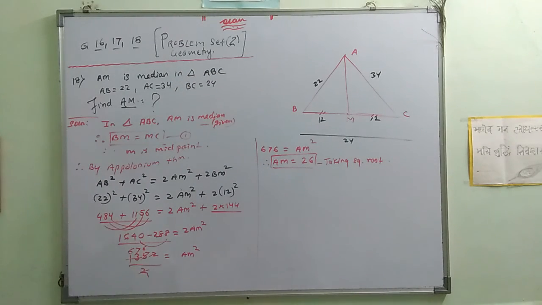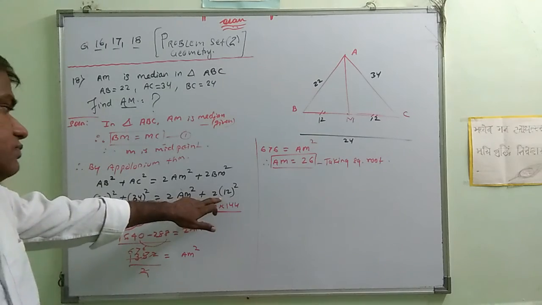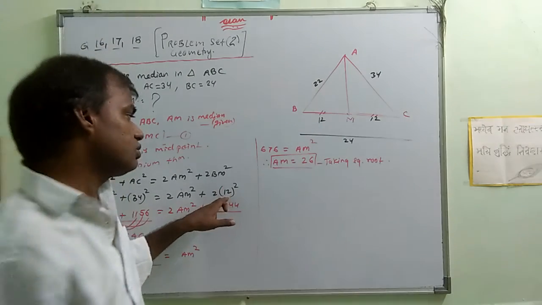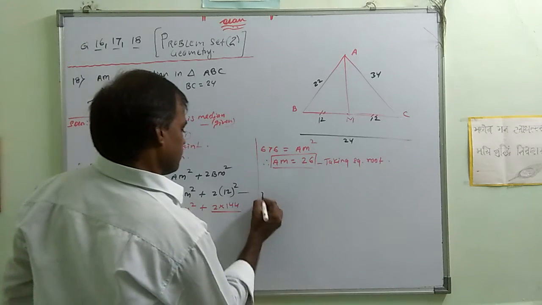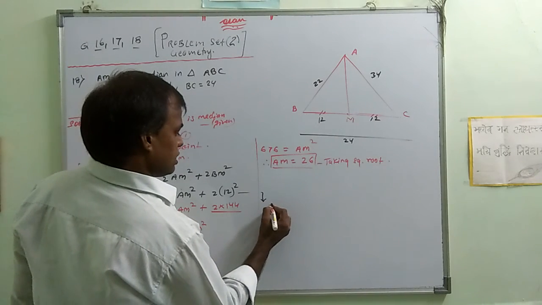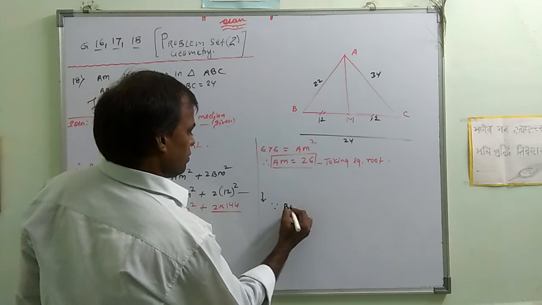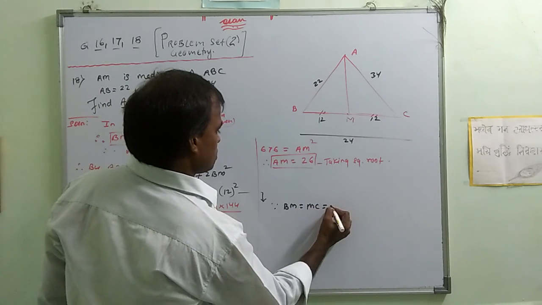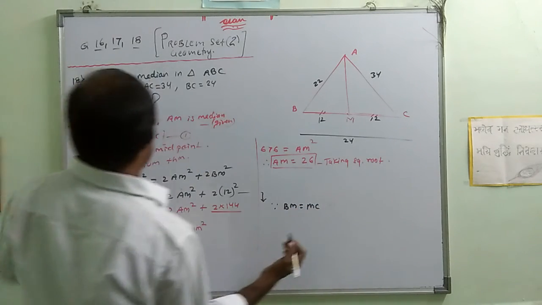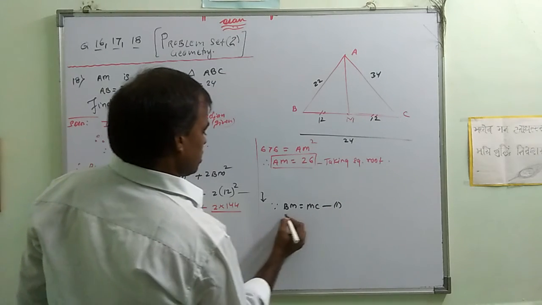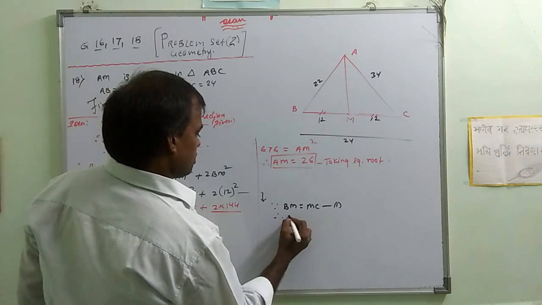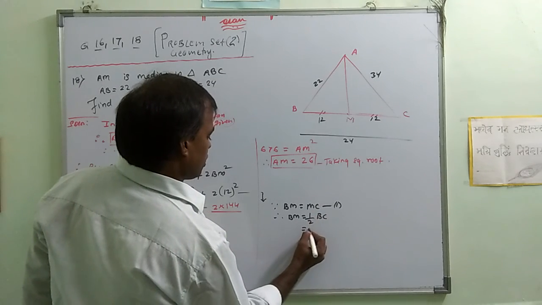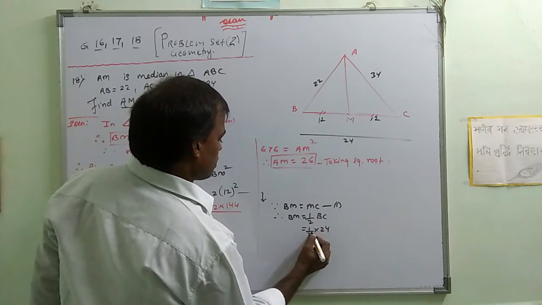Now here we have taken the value of BM as 12. For this, include this part. You can include here: since BM equals MC, as it is given in the question, therefore, BM equals half of BC equals half of 24.